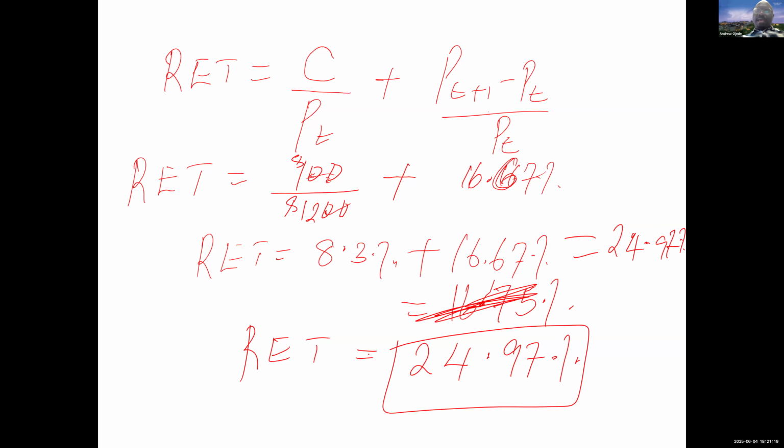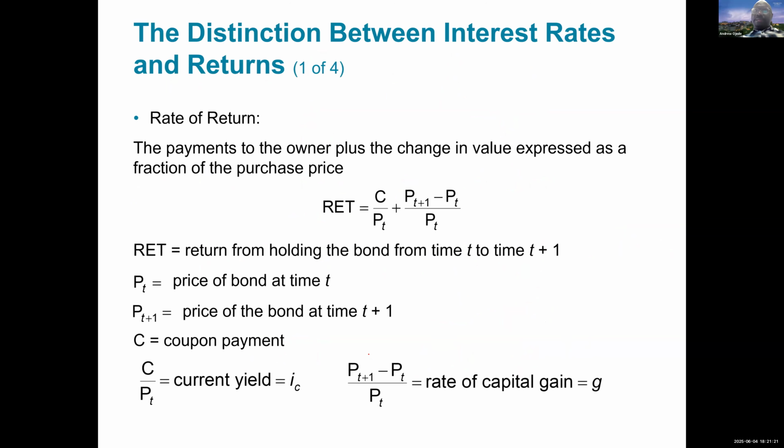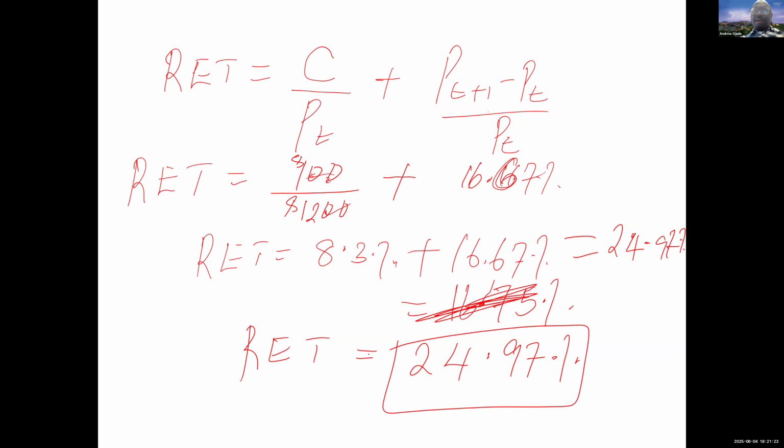Okay, now keep in mind, let's stare back at this formula again. What did I say? If you write the return equals, we know to get a distinction between the return on a bond investment and the interest and the yield to maturity. We know C over PT technically is a what? This is your interest rate on this bond. Okay.